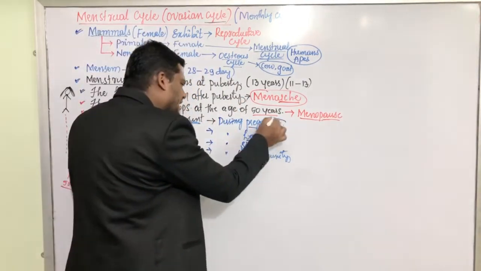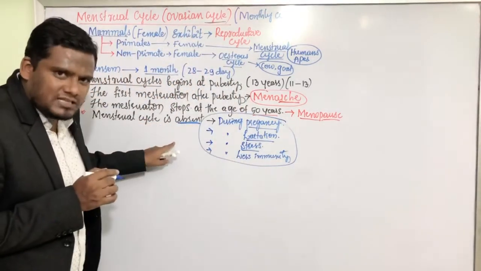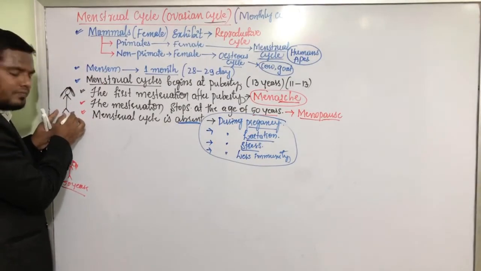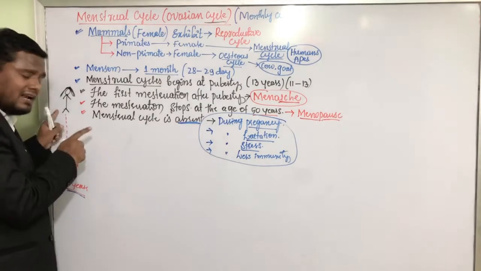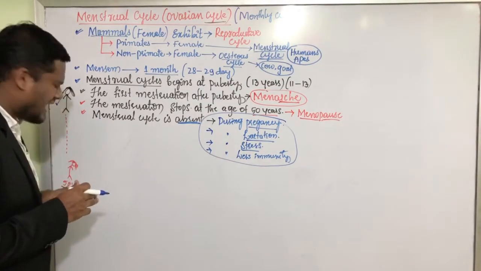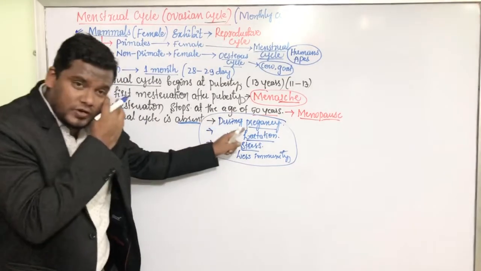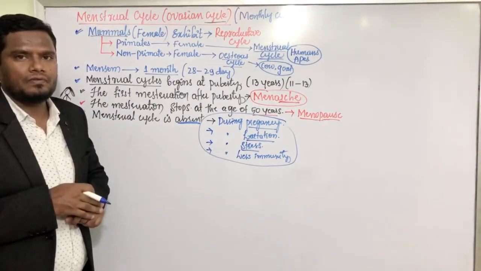In all these situations, there is an absence of menstrual cycle. Otherwise, the menstrual cycle continues up to the 50 years that has started at puberty. Puberty से शुरू होके 50 साल तक continuously menstrual cycle चलते रहता. अगर ये situations आ गए तब menstrual cycles रुक जा रहे.